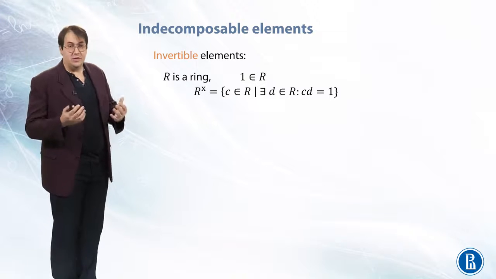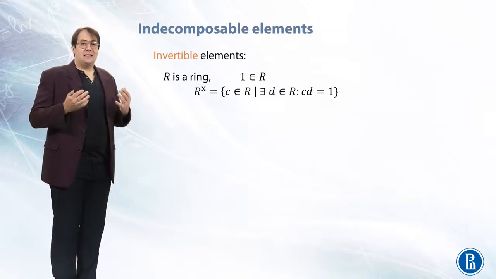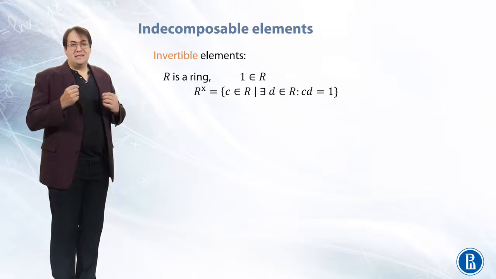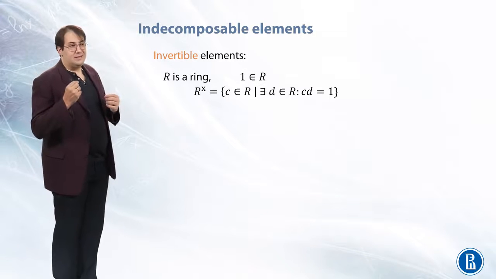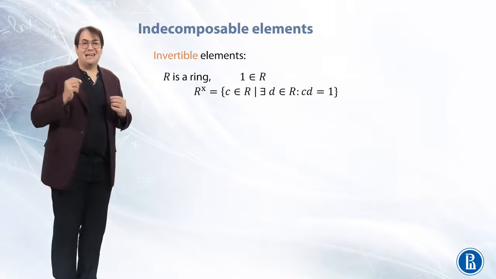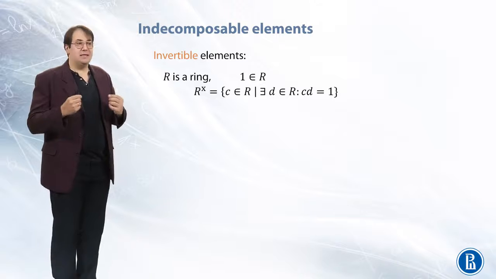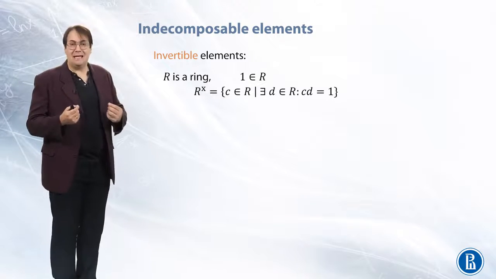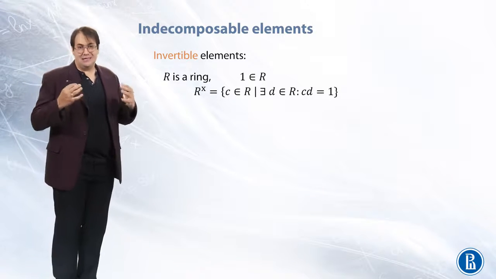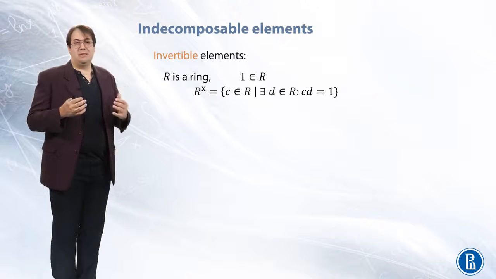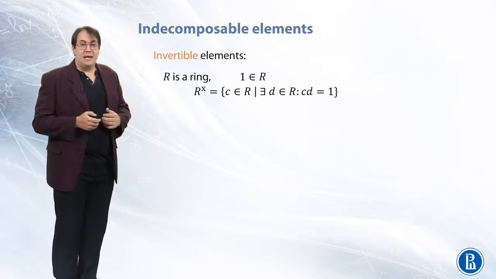And we can consider the set of all elements such that they are in some sense divisors of this unit. We denote this set as R with a small symbol like an X, but it is not an X, it is a sign of multiplication, because this set actually forms a multiplicative group.